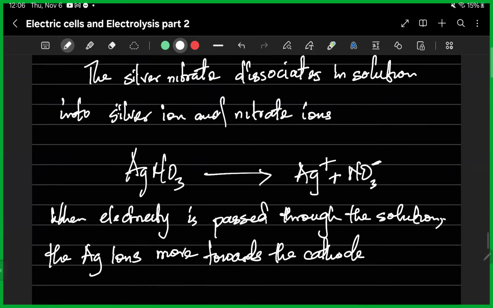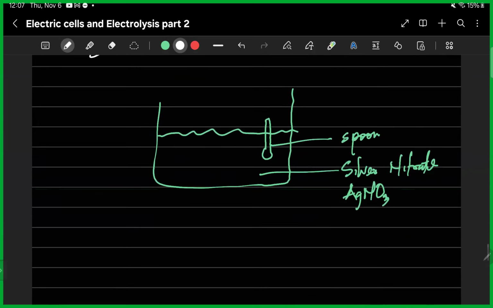Please correct that. AgNO3, silver nitrate. We have the spoon which serves as the cathode.